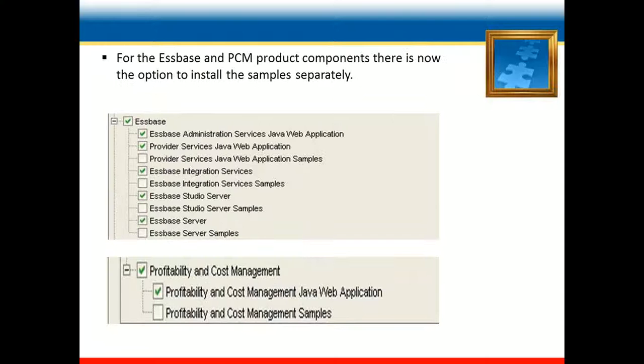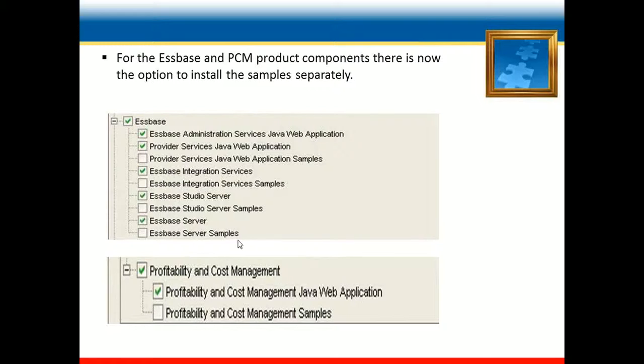In earlier releases, the client installer was available for EPMA. In the next screen, for HBase and Profitability and Cost Management product components, there is now the option to install the samples separately. So I have added a screen for this HBase server and Profitability and Cost Management.